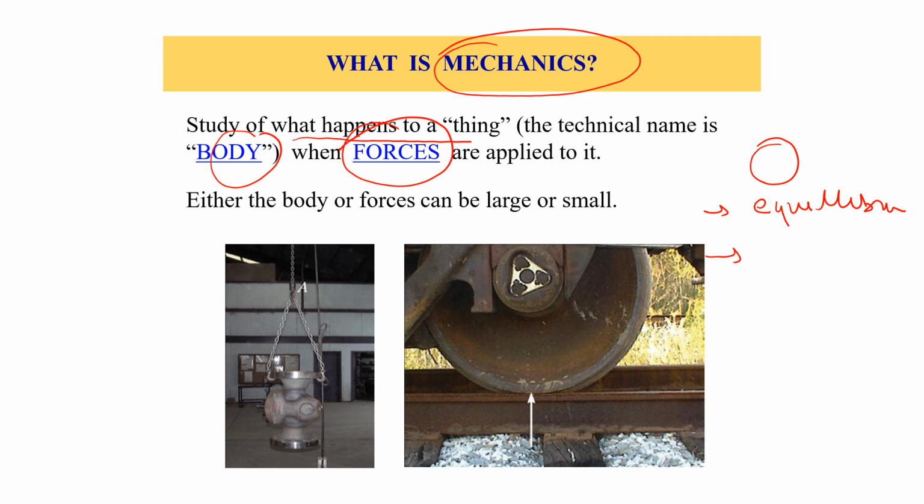So this is a static condition, and when the body moves with acceleration, that would be a non-equilibrium condition, which is mostly related to dynamics. We'll try to explain these things in more detail, but this is just an introduction. So we'll try to understand what statics and dynamics mean.